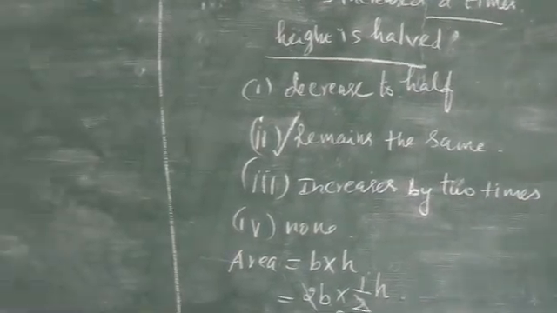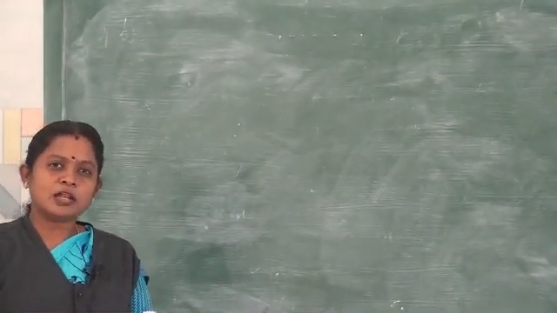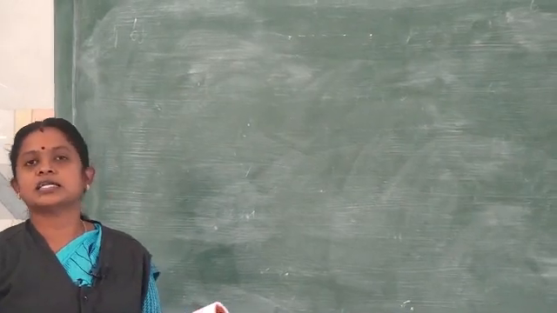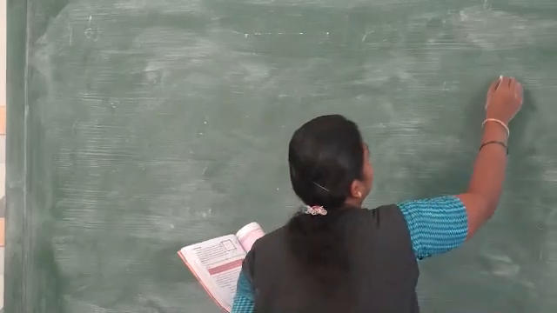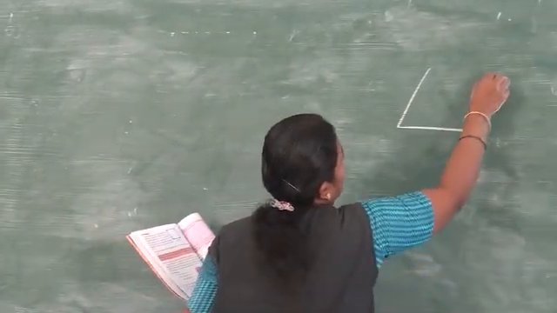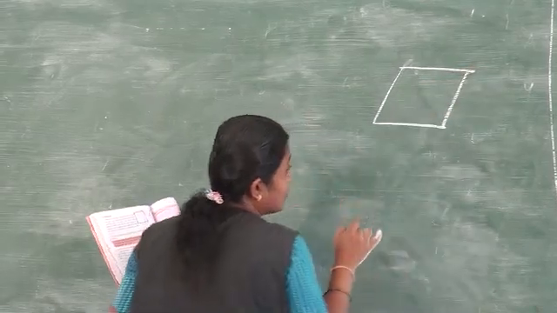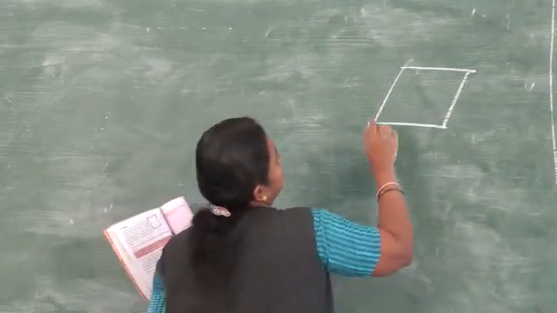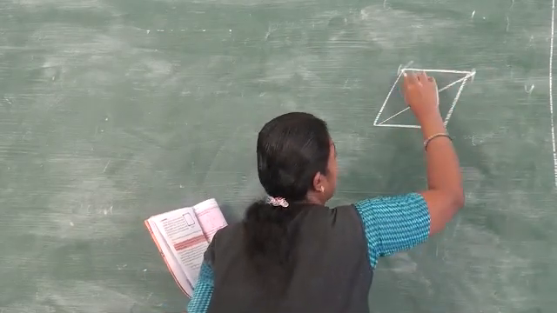Now we are well acquainted with the parallelogram. Now we look at the rhombus. What is a rhombus? In a parallelogram, if all the sides are equal, it is called a rhombus. You know the property in a parallelogram: opposite sides are equal and parallel. But in a rhombus, all the sides are equal.